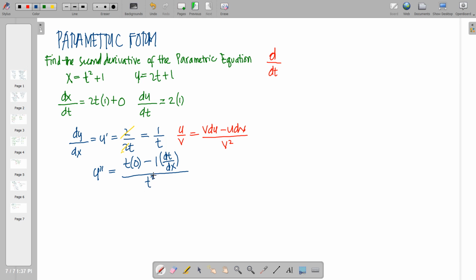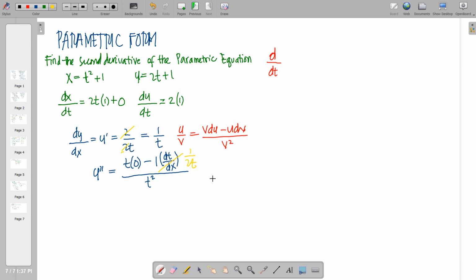So in here you can notice that dt all over dx here is found in the equation. So where shall we get the value? So notice that dx over dt here is equivalent to 2t. So this is just the reciprocal of this function. So therefore, you can just say that dt over dx is equivalent to 1 over 2t.